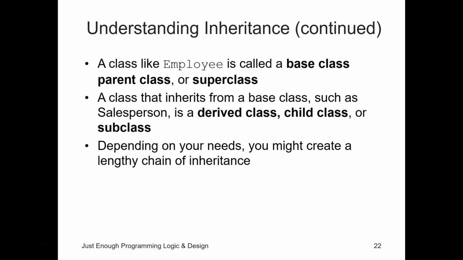That base class we also call a parent class. Just like you get stuff from your parents, we're inheriting from them. Usually the term I hear is child. They might be derived. It's kind of sad to call them a subclass, but usually we call them parent and child. Sometimes you even have multiple layers.